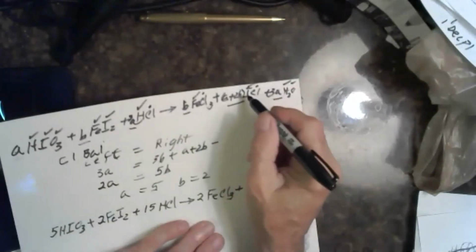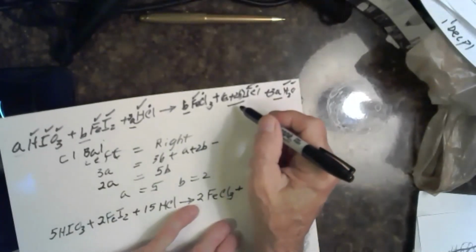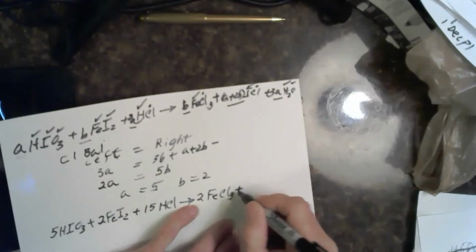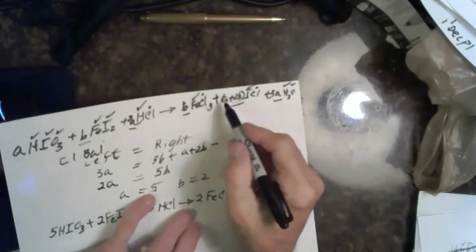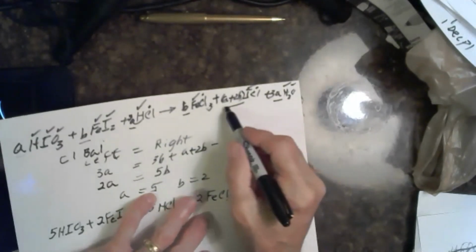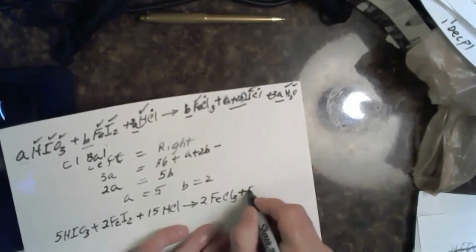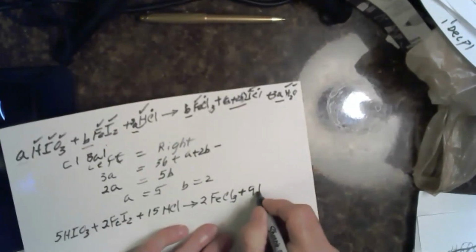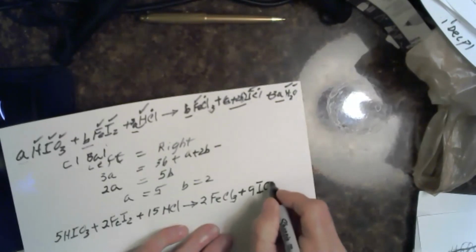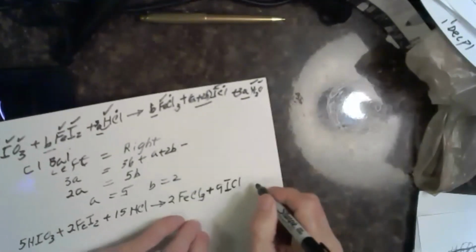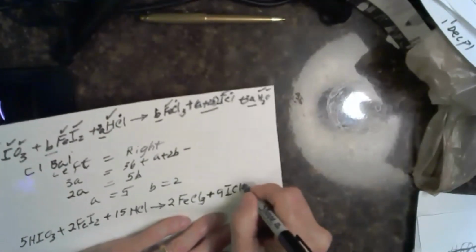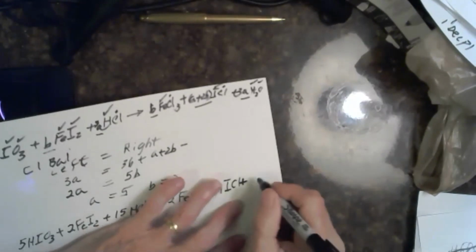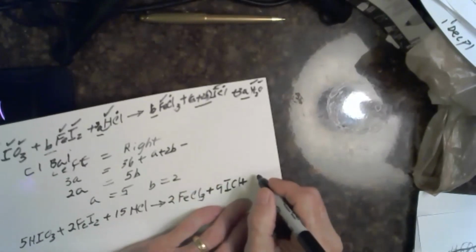I'm getting a number that looks funny to me. Okay, but let me see. A plus 2B, so that would be 9. I think I made a mistake somewhere. We'll check it and see. Probably messed up with all of that compression I did upstairs.